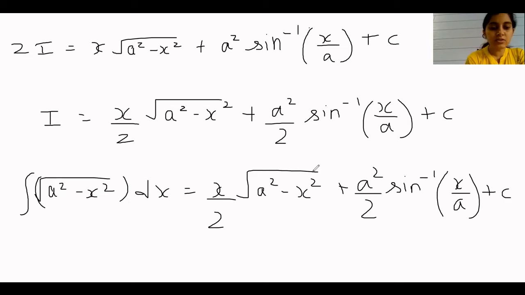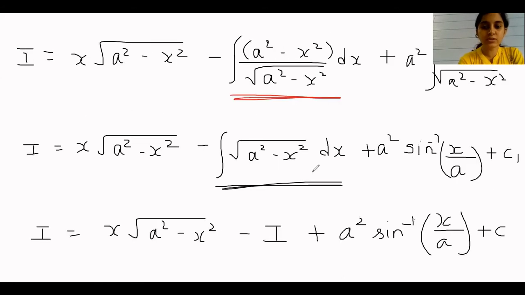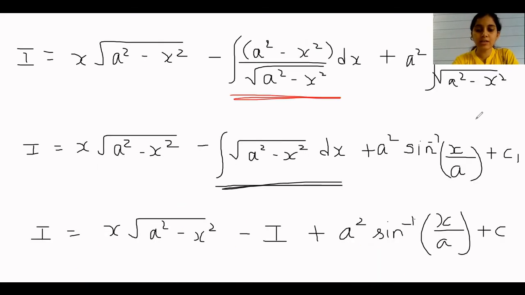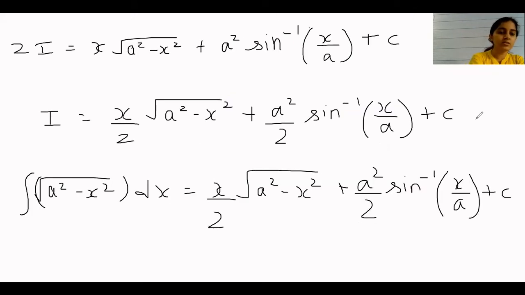So this is your proof. Let's check if that was the question also. Yes, the question was the integral of root of a square minus x square dx should be equal to x upon 2 root of a square minus x square plus a square upon 2 sine inverse x upon a plus c. That's exactly what we have proved here. So you can write hence proved in the end.